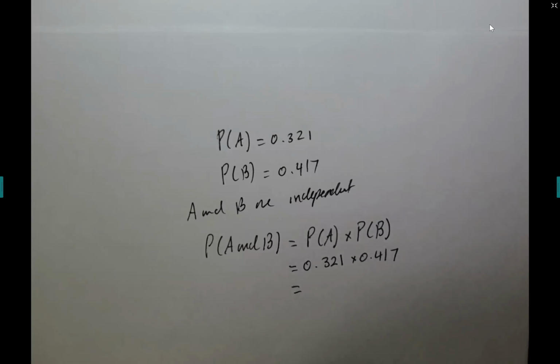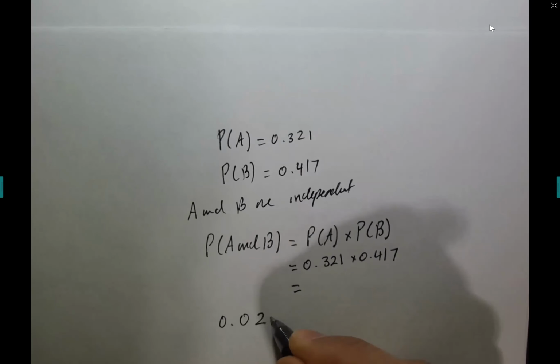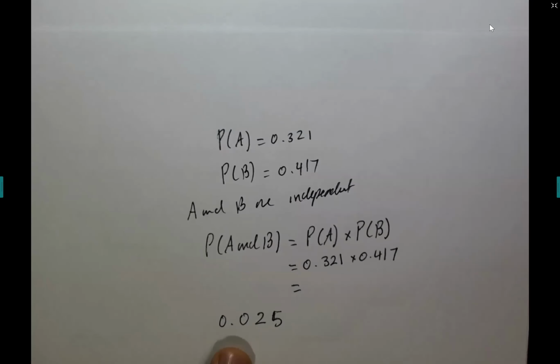Let's say that the probability that the first alarm will malfunction is 0.025. That means it will not go off when it's supposed to. It won't work. The chance is only 0.025.